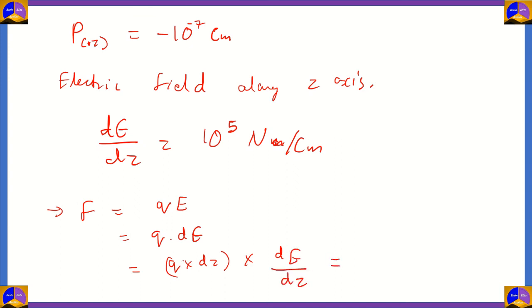We know that charge times the displacement gives you the dipole moment, so that's P times dE by dZ. So we know the dipole moment, we know the change in electric field. Now we just need to apply it.